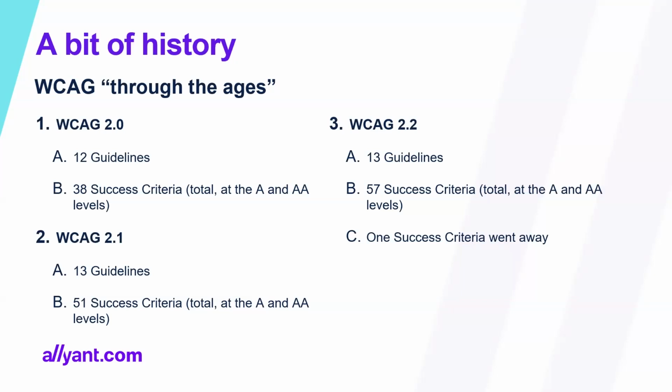So starting with WCAG 2.0, there were 12 guidelines and 38 success criteria. That's total at the single and double A levels, right?